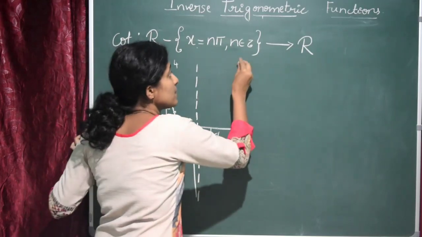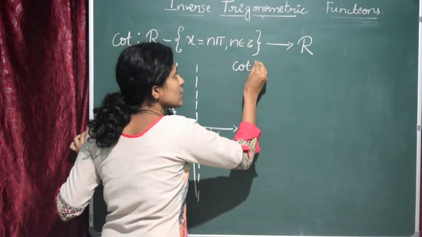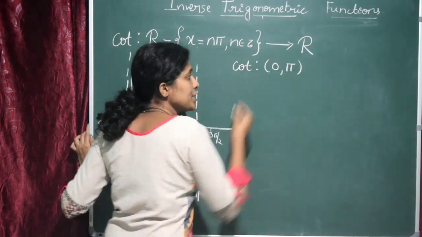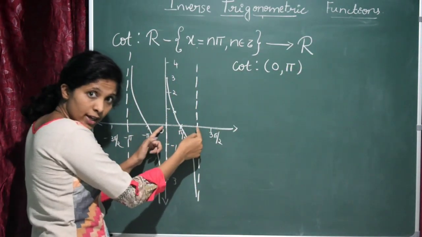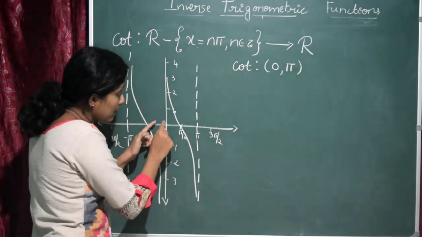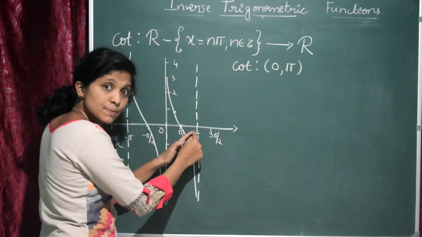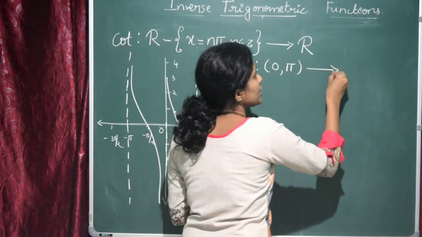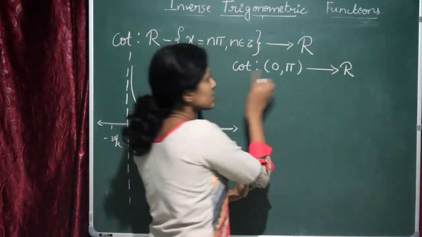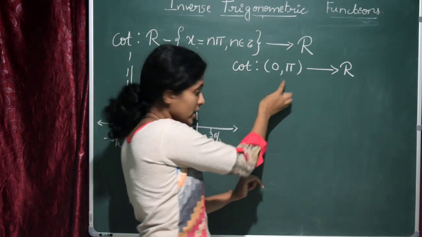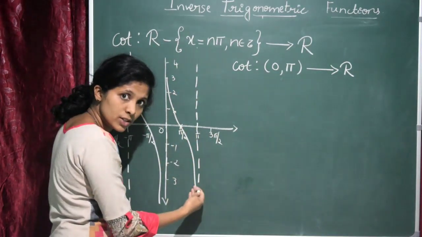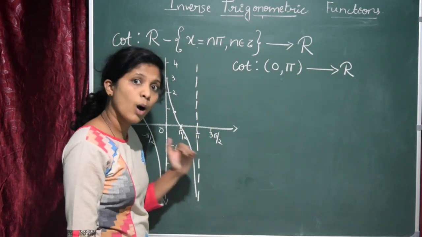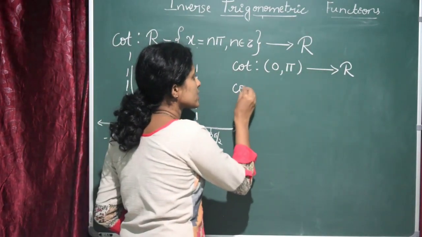So the function cot can be restricted to the open interval 0, pi, and all the values in between 0 and pi, but 0 is not included, as well as pi is also not included. Open interval 0, pi to the set of all real numbers. This is the restricted domain of the cot function. In this you could see here the function, all the values have different images. So the function is one-one and onto. So now the inverse of this function can be defined.